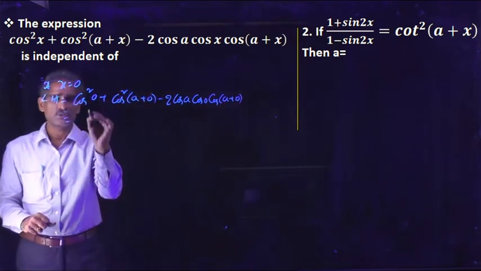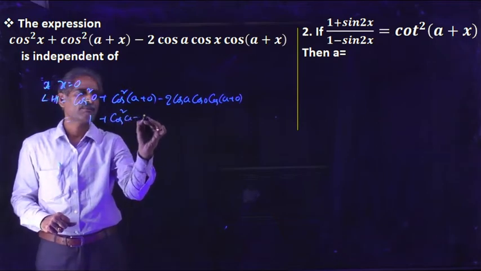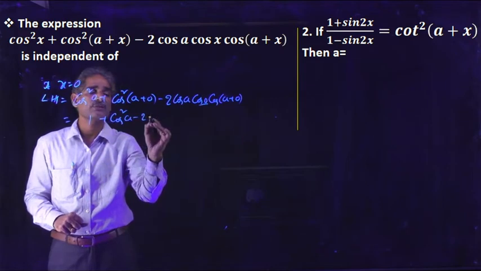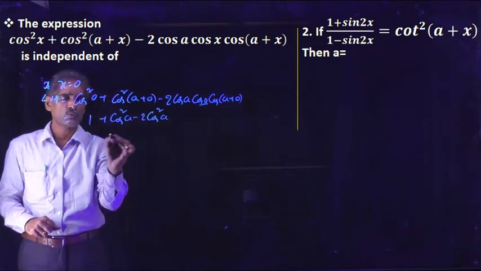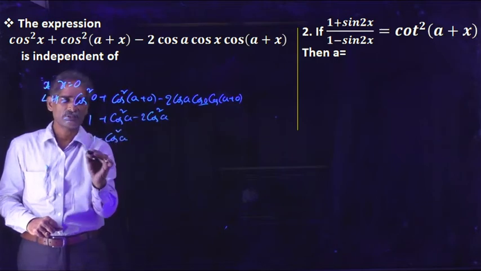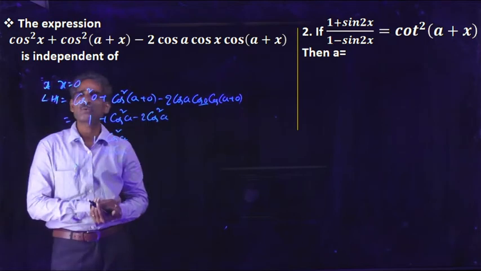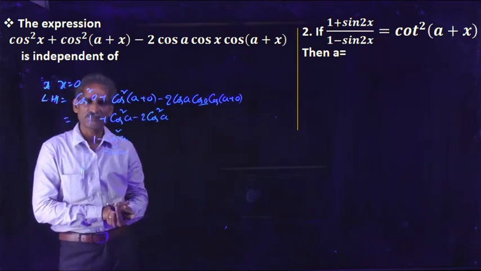So this is equal to 1 plus cos square a minus, cos 0 is 1, cos a into cos a, 2 cos square a. So that is equal to 1 minus cos square a, which is sin square a. If you take x equal to 0, we are just getting some function in terms of a.